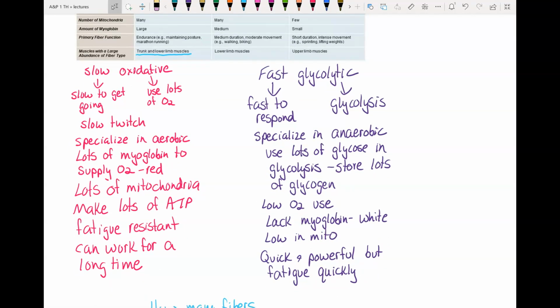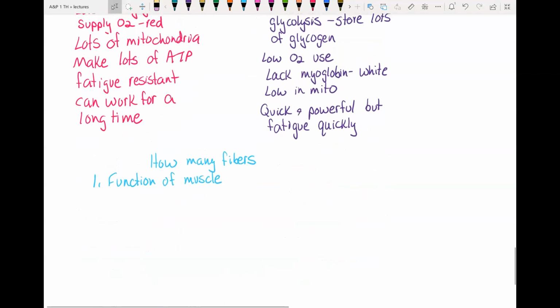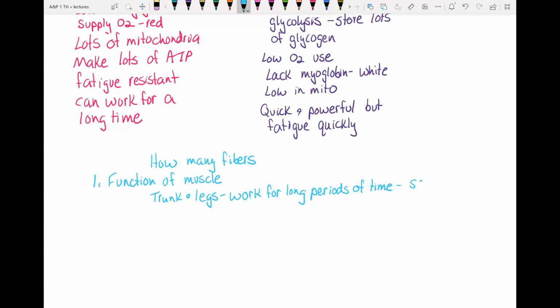They can work for a long time. So your trunk and your legs are what have to work for long periods of time. Your trunk is where your posture is, and you have to stay upright all day long. And your legs carry you around all the time. You stand, you walk. So they tend to have lots of slow oxidative.